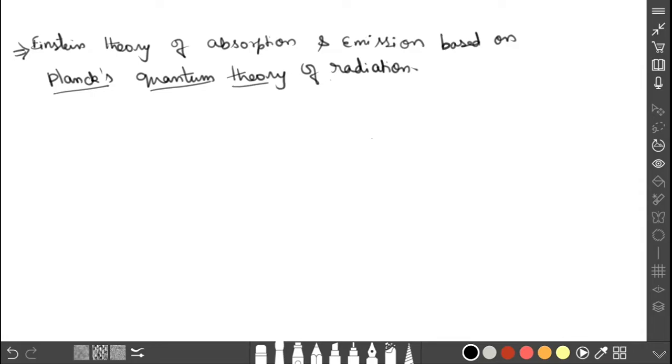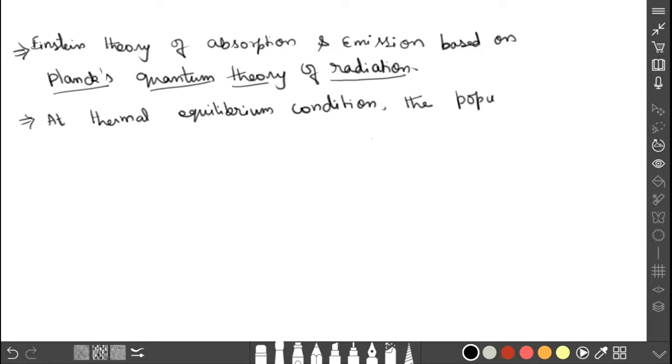And the second point is, at thermal equilibrium condition, the population obeys the Boltzmann distribution law. Who is that population?